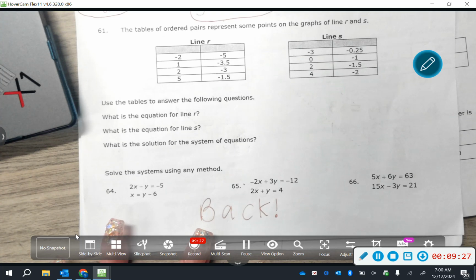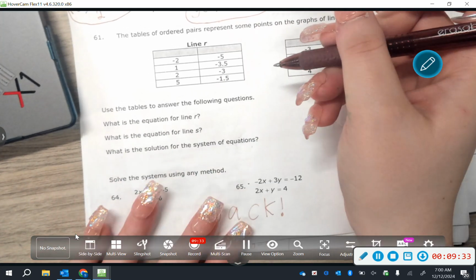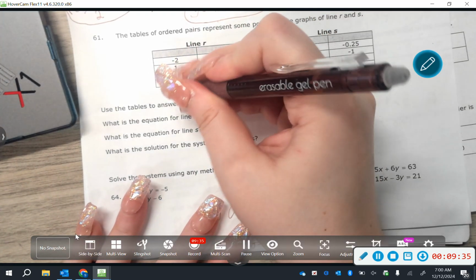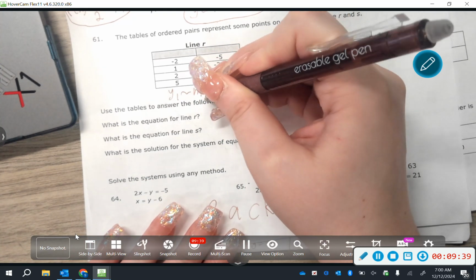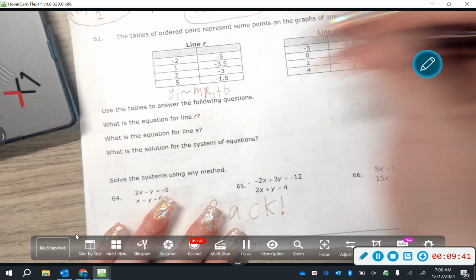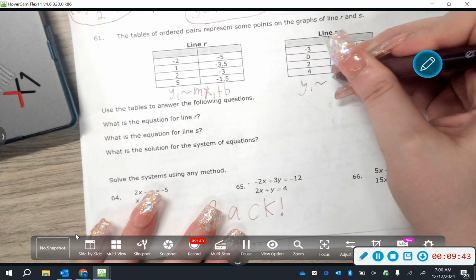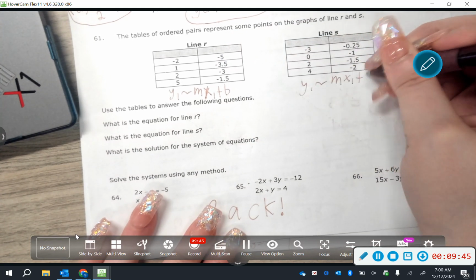Okay, I'm gonna look at these real quick. So they gave us 2 tables and want an equation. I'm gonna go squiggly line that. Y1 squiggly line, x1 plus b.